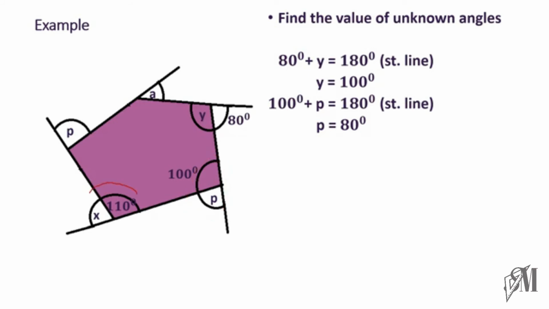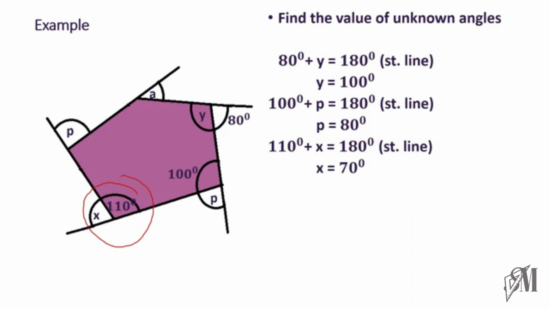That is this. So then I can again write down 110 plus X is equal to 180 degrees. Once again, because it is a straight line. And therefore, I find out X to be 70 degrees. This X I found how? 180 minus 110, right? So it is 70 degrees.